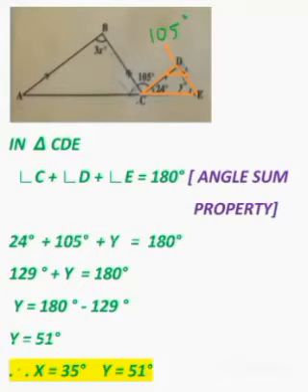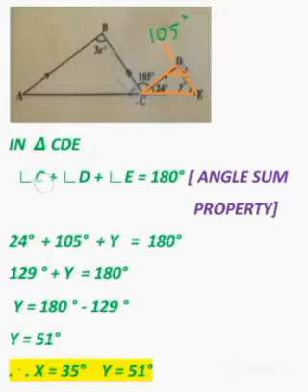So we can find out the angle y by using some property. In triangle CDE, angle C plus angle D plus angle E is equal to 180 degrees. The reason is angle sum property.